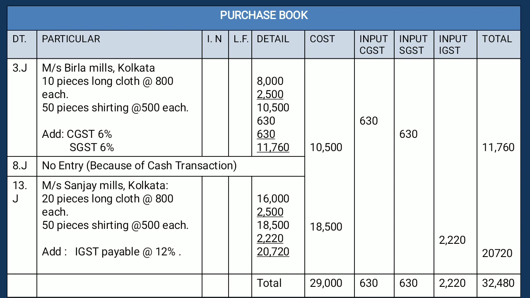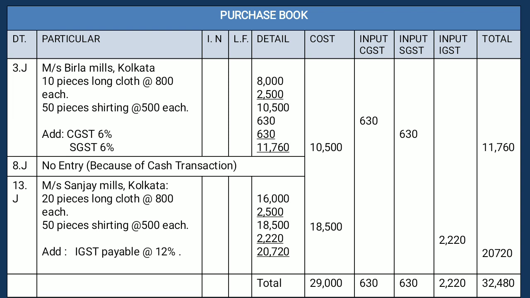So the total transaction value will be 11,760, that is the total purchase including GST. But here we have to make separate values: the cost value 10,500, CGST 630, SGST 630, IGST nothing, and the total of the transaction is 11,760. Like this we have to make separate columns.